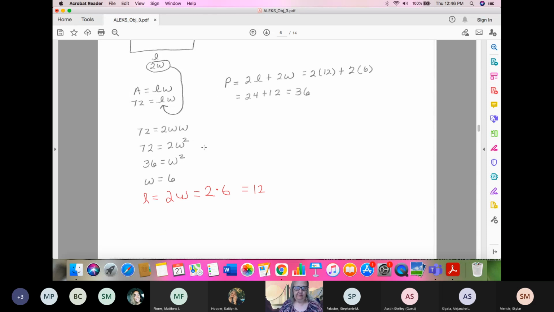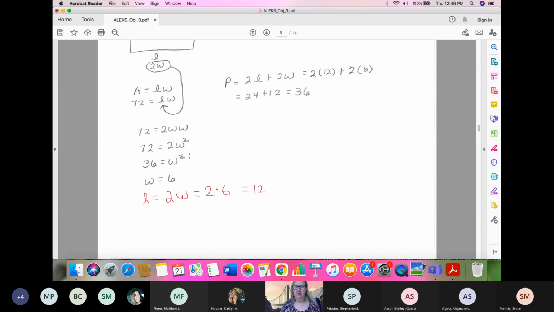Now what can we do? I noticed that 2 is an even number. Let's divide both sides by 2. 72 divided by 2 is 36. 2 divided by 2 is 1 times W squared is just W squared.